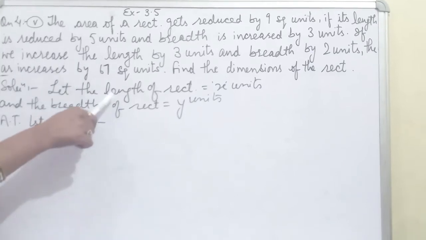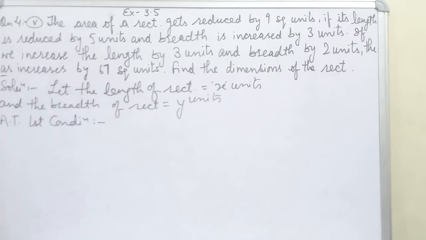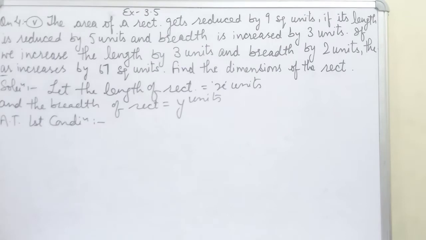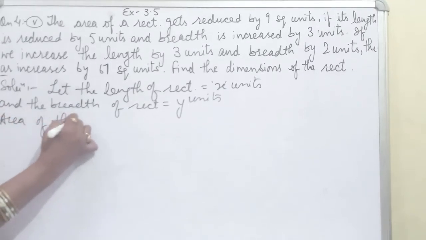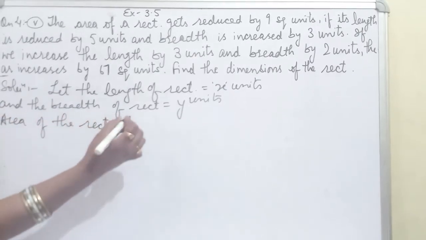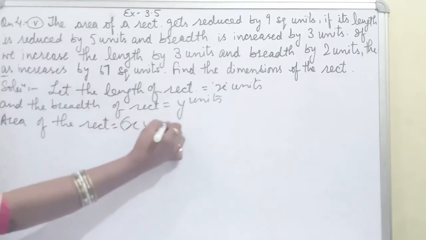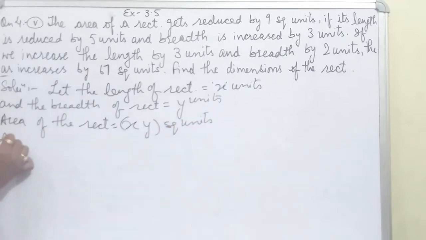If length is x units, breadth is y units, what will be the area then? x into y. So first of all, we'll write that area of the rectangle will be xy, and it should be in square units.